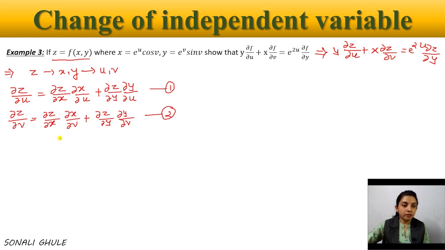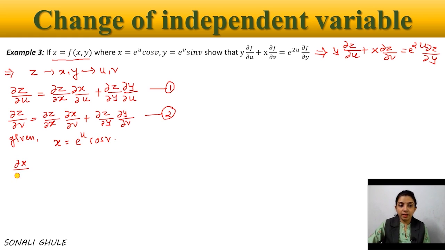Okay. So first of all, finding these derivatives, partial derivatives, we have to use a given part. First of all, given is one value first we are going to use, that is x equal to e to the power u cos v. Differentiate this x with respect to u keeping v constant. What is its derivative?